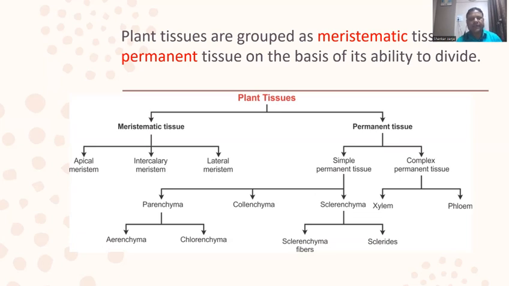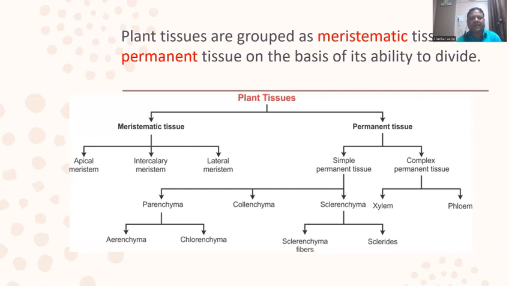Parenchyma is further divided into aerenchyma when there are more air cavities, air spaces, called aerenchyma, for getting buoyancy, your floating ability to plant. Then when parenchyma contains chlorophyll pigment for photosynthesis, that is called chlorenchyma.